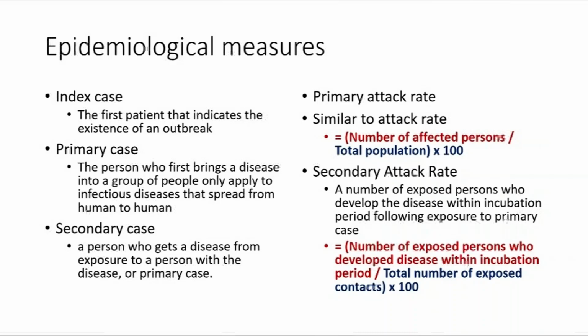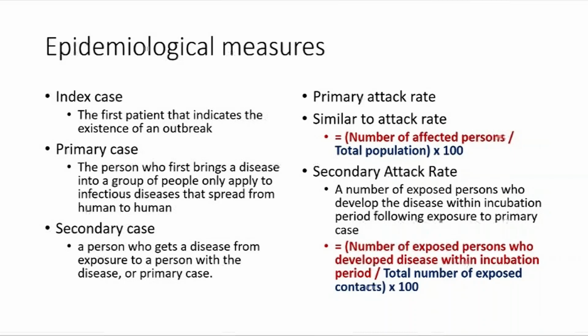The primary case is the person who first brings the disease into a group. Let's say the primary case will be, in the case of COVID-19, the person that traveled from China to Nigeria for the first time. Then every other person becomes secondary, as they contract the disease from somebody who knows somebody that knows somebody that knows the primary case. The primary case got it from the index.